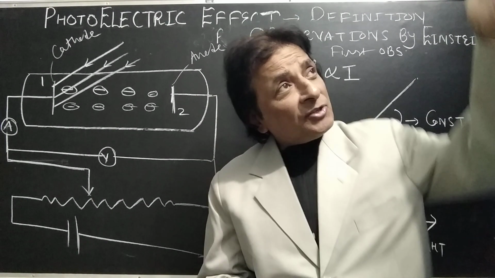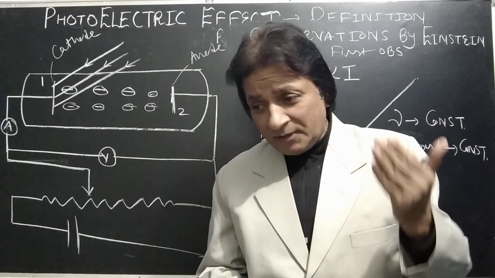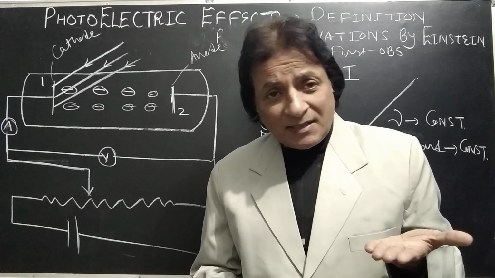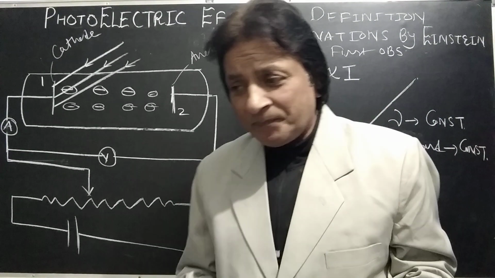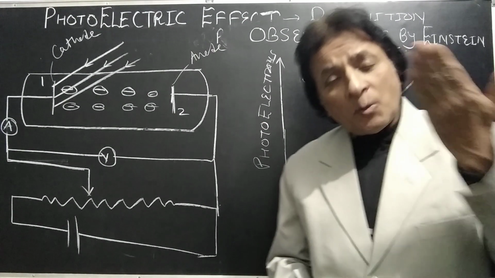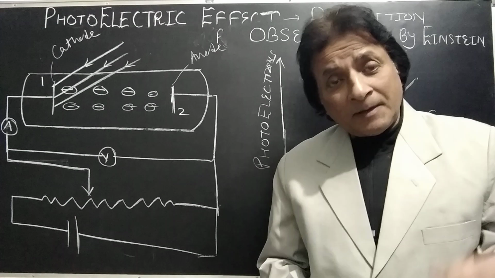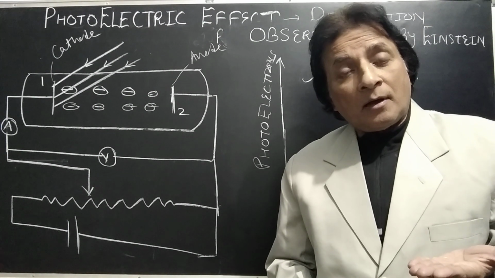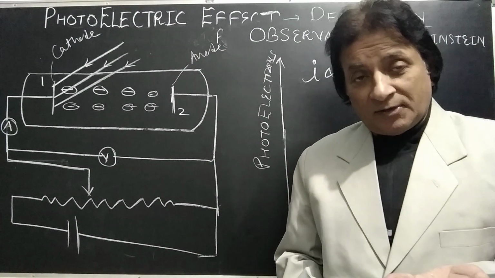Intensity of light. You just see the light is falling on me, right? What is intensity? It is the light received per unit area, per unit time, when the area is held perpendicular in the path of the light.